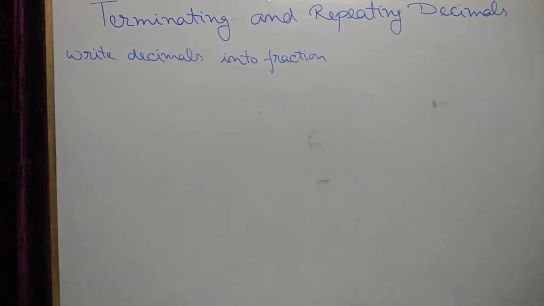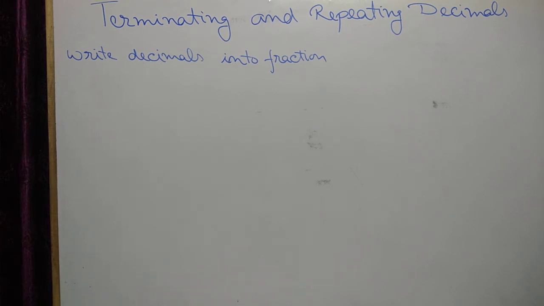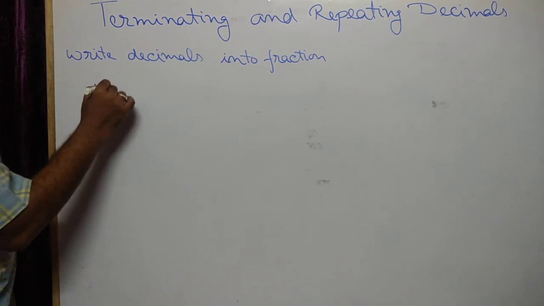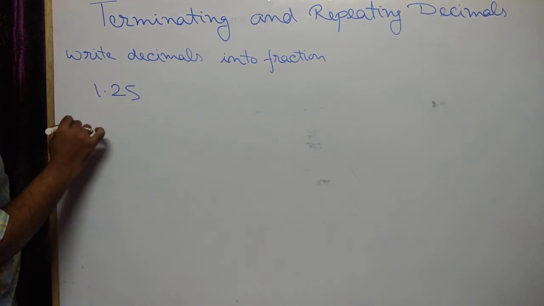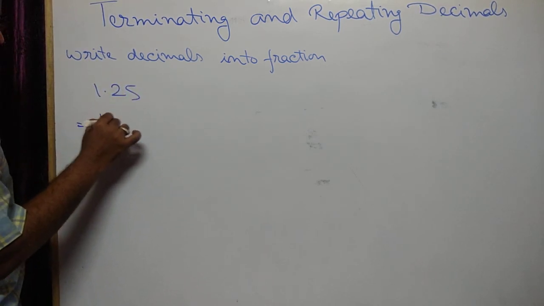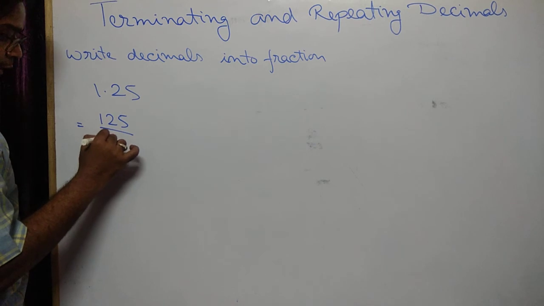In this question it says write decimals as fractions. Means here decimal numbers are given, we have to convert them into fraction or mixed number. For example, see these questions. 1.25. How we convert? 125 by 100.